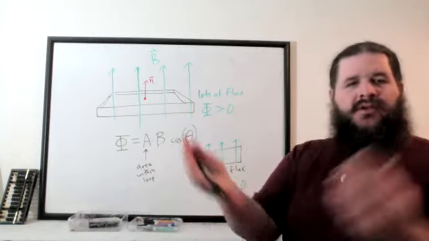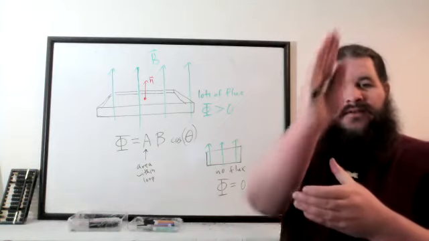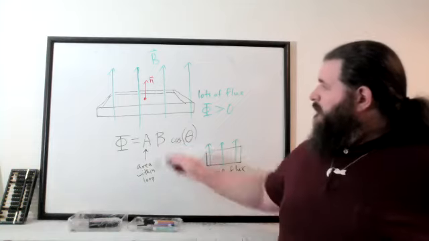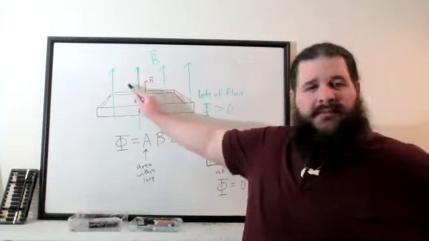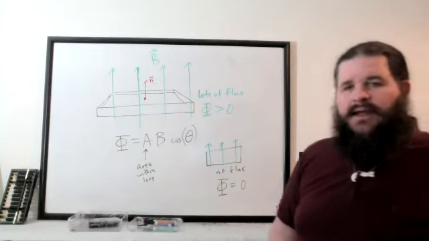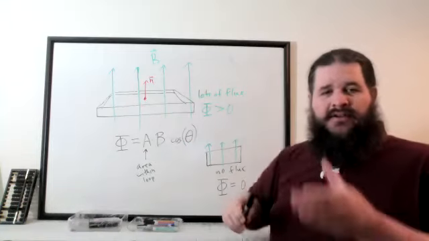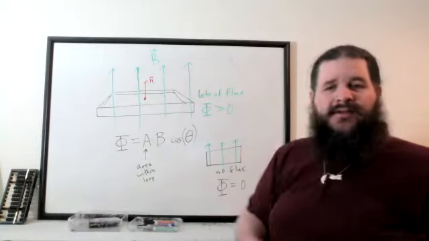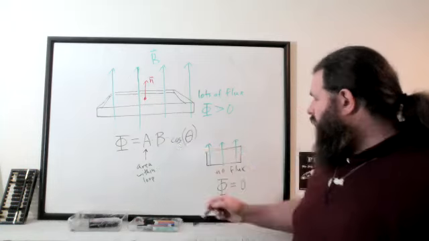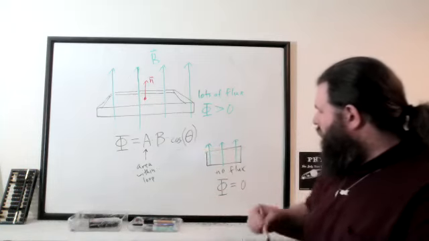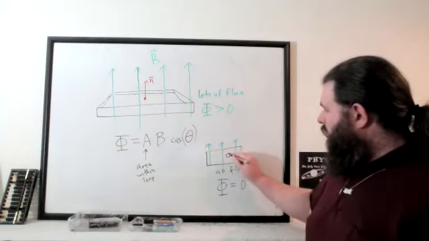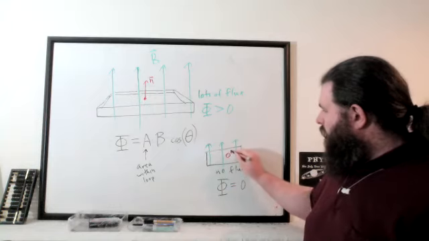So the area enclosed within the loop, multiplied by the magnetic field strength, multiplied by cosine of the angle between the normal vector and magnetic field. That will be largest when the normal vector is parallel to the magnetic field, because the magnetic field is passing through the interior of the loop. This is going to be 0 if the normal vector, like in this case, let's say, is straight out of the board.